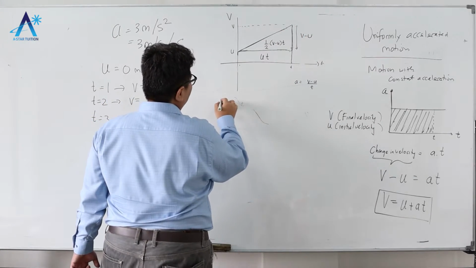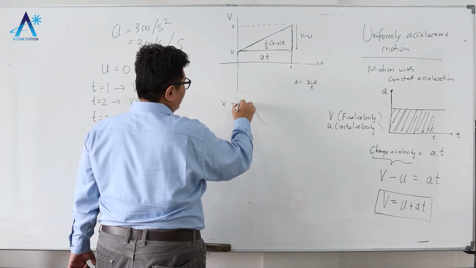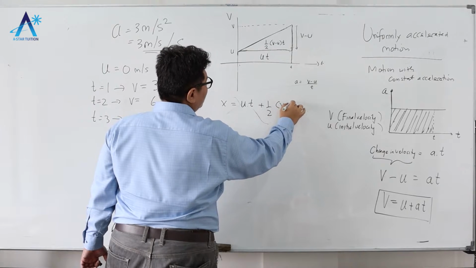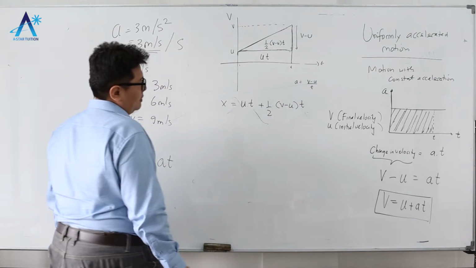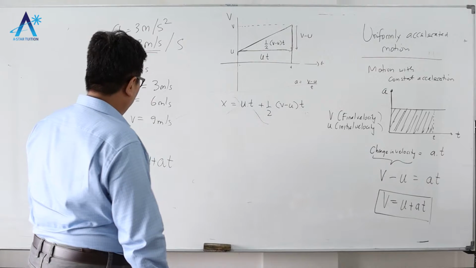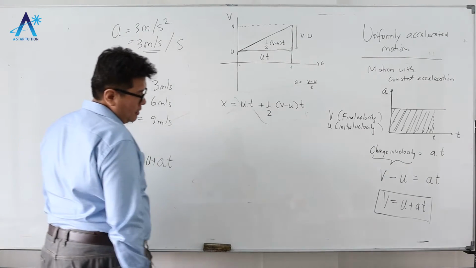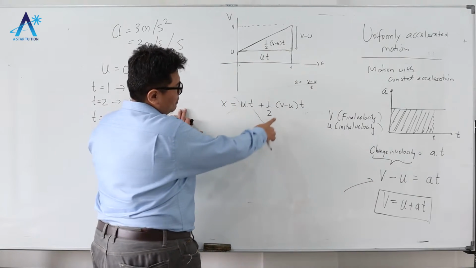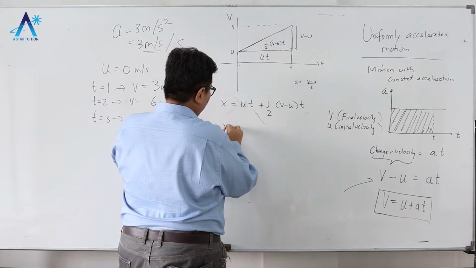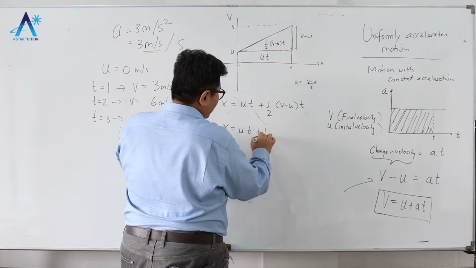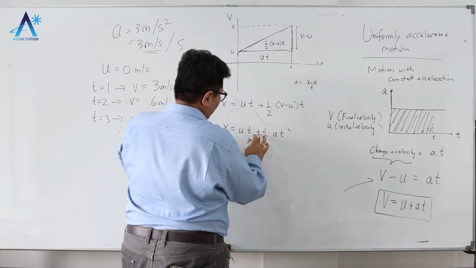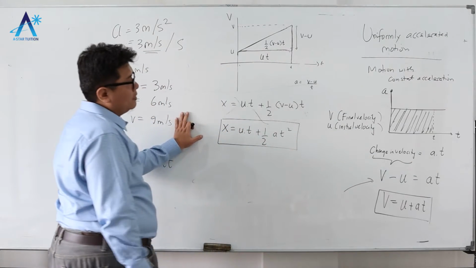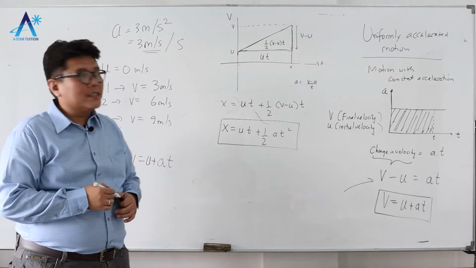So the total area would be u times t plus half times v minus u times t. Now remember that v minus u is equal to at, so you can replace v minus u with at, so x becomes ut plus half at squared. So this is the formula for displacement for a uniformly accelerated motion.